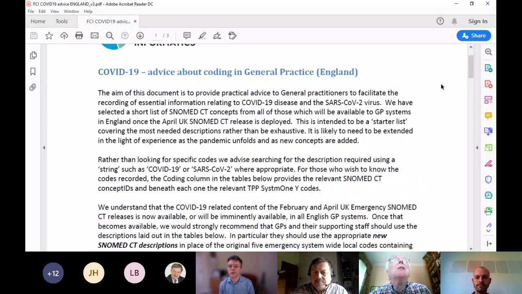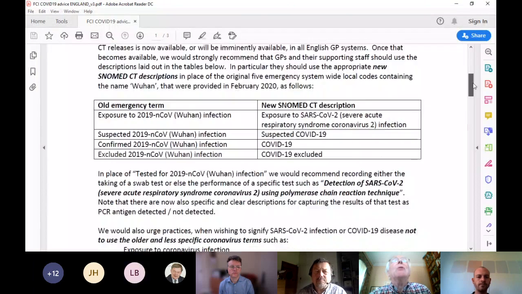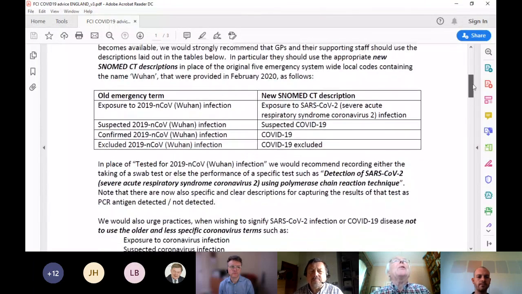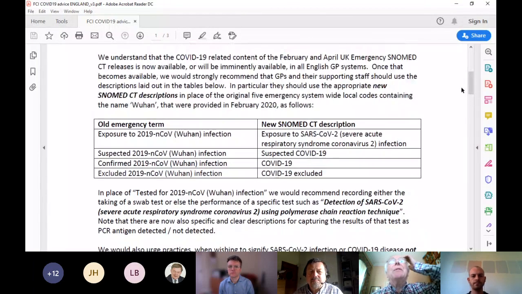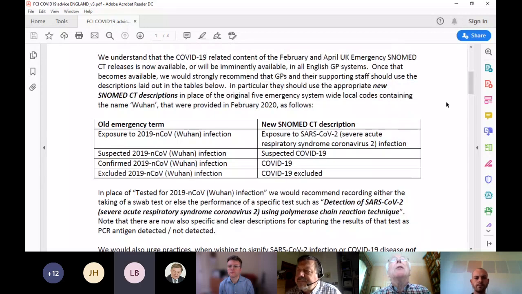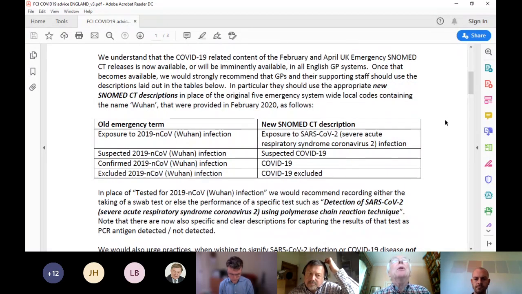Can we just wind down a little bit, Joe, to the bit that talks about the Wuhan? So then there's this box here that talks about the original five terms that the suppliers provided in England, which talk about Wuhan infection. And we're saying to people, don't use those anymore. Instead, look for the descriptions on the right and use those instead. So that's nicely clear, I hope, clearly laid out.